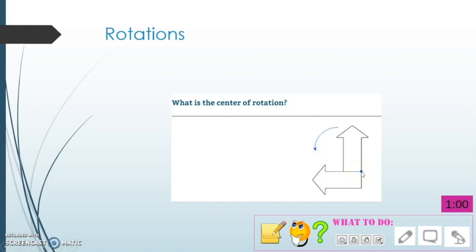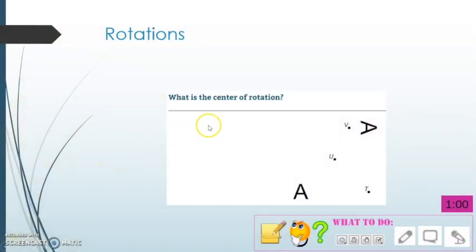So if you were to put a thumbtack right there on the arrow and turn it, you would end up with the arrow that is on the bottom. Okay, let's try another one. What is the center of rotation for the image and pre-image of the A?